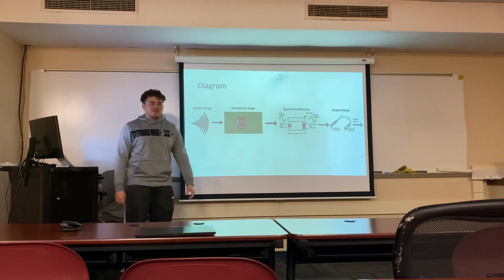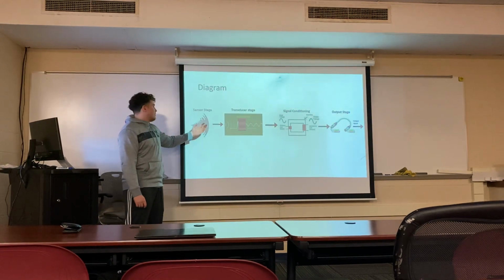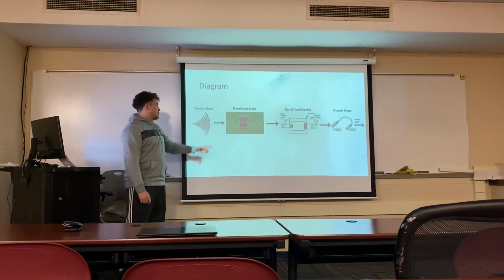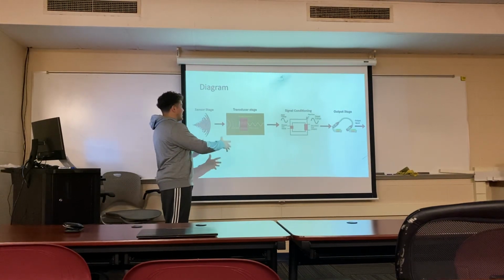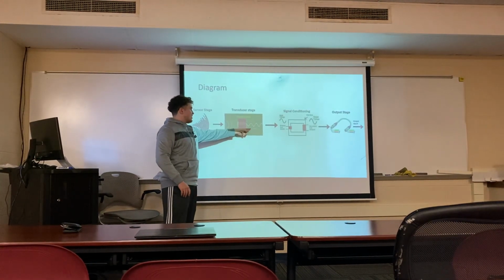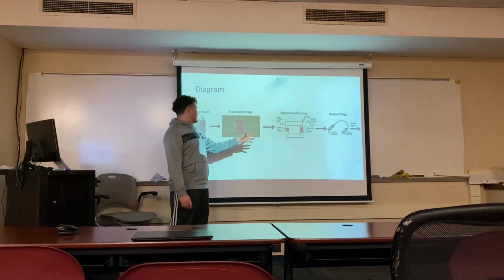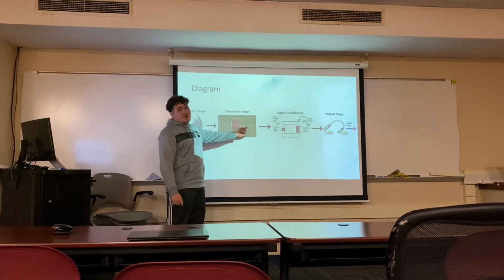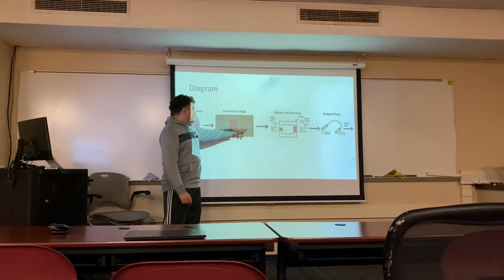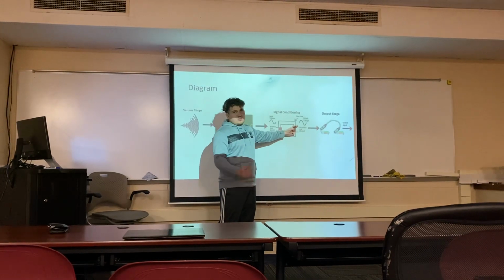So here's a diagram. You have your sensor stage, which is the sound wave itself. Your transducer stage, this is your moving coil dynamic. The sound signals get picked up and transformed into electrical signals. And you have your signal conditioning, which is your step-up transformer. This takes your electrical signal that gets picked up through the transducer, and it amplifies it to a much stronger signal that's usable.